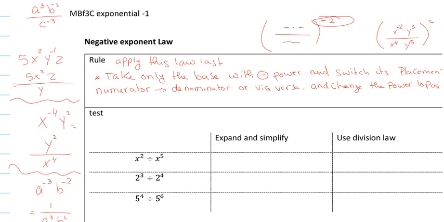Okay, so I'm going to bring the b to the negative 2 to the denominator. And I keep the c to the negative 3 in the denominator? No. I bring that one back up because that's a negative in the denominator, so it's going to switch up. And then the b, because it's a negative up, it's going to become positive in the denominator. Okay? So they will switch their position if they have a negative exponent.